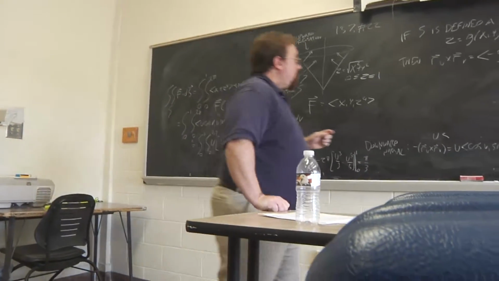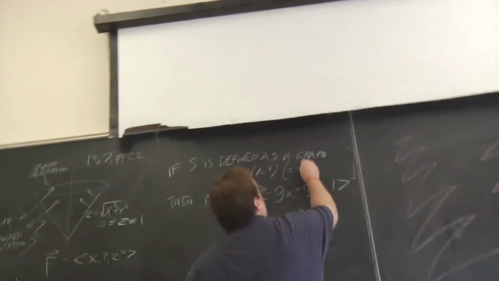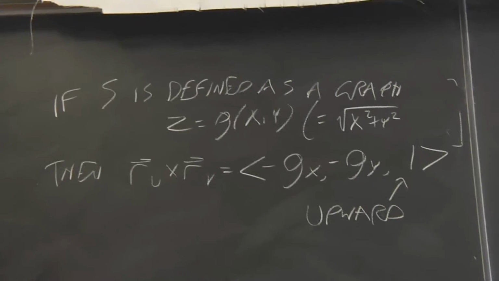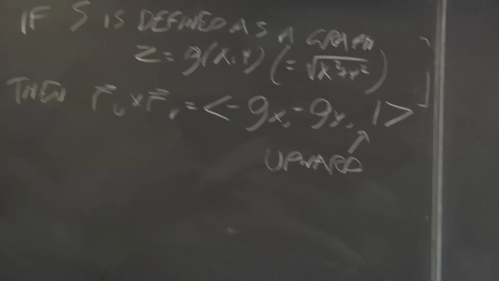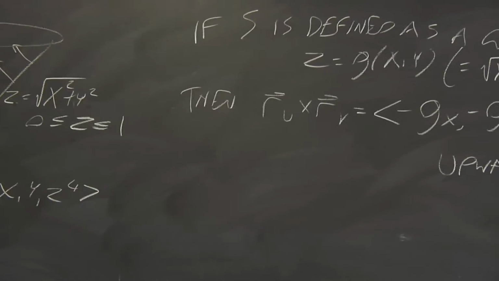Now, we could have just done this, where z in this example was the square root of x squared plus y squared. However, where are x and y defined? On the circle of radius 1, the unit circle.